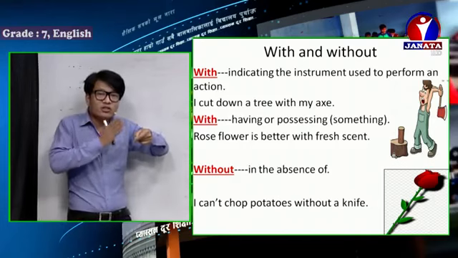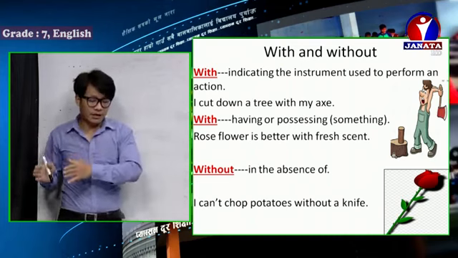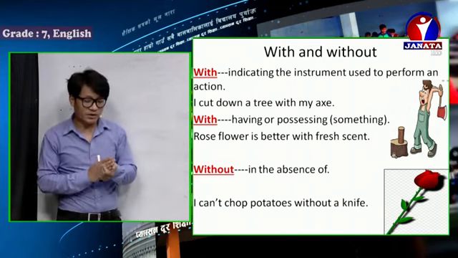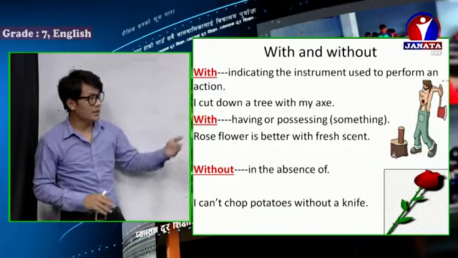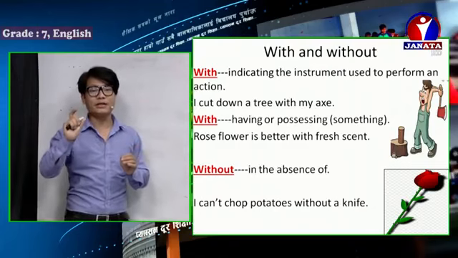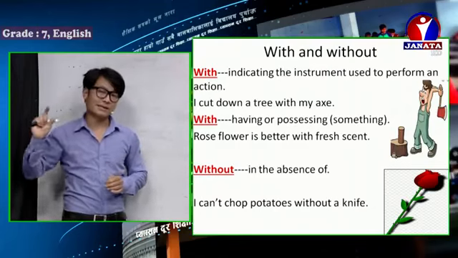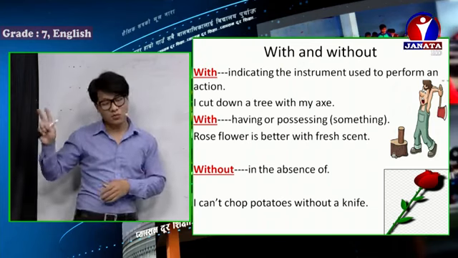I can chop potatoes with a knife, but here I can't chop potatoes without a knife. You can use that example also: rose flower is not better without fresh scent. So like this. This is the use of with and without.